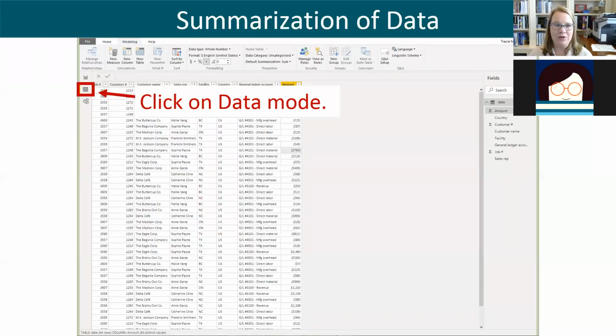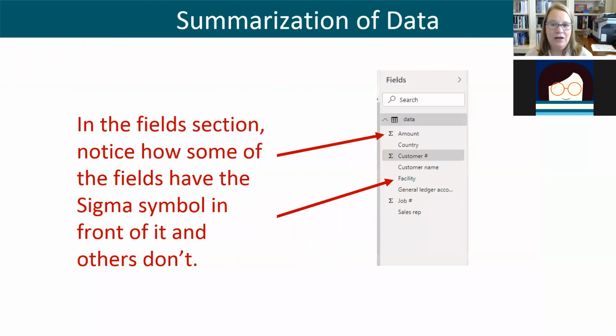So here's what happens. Again, we're in the data mode, and in this case, we have an area where we have amount, customer number, facility, etc. Notice how in the fields area of this tab some of the fields have a sigma symbol and some of them don't. The sigma symbol means that when you create a dashboard, it's going to add all those numbers together instead of leaving them as independent numbers.